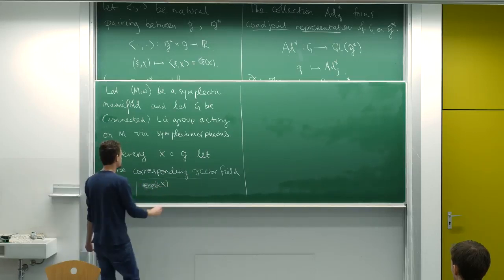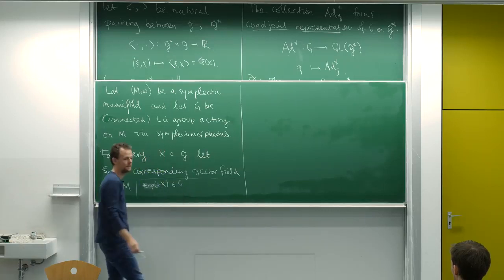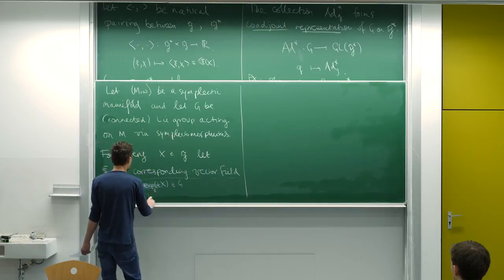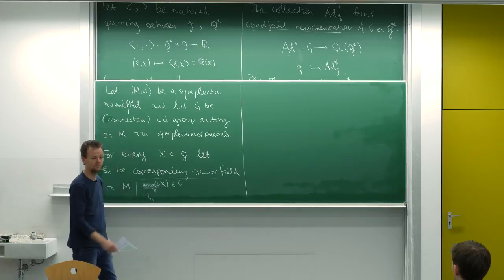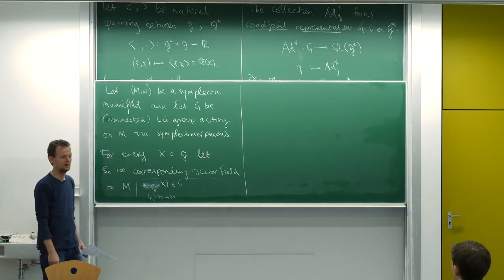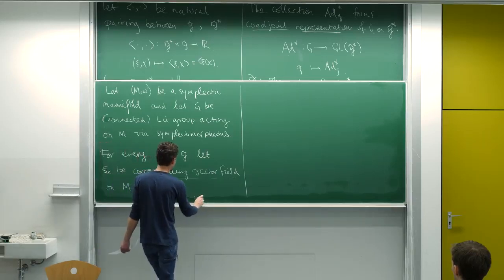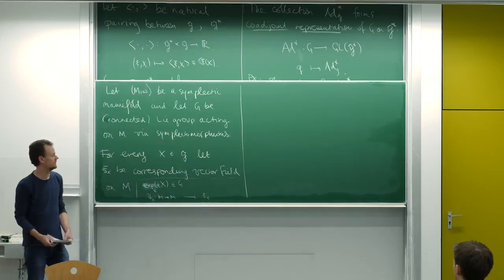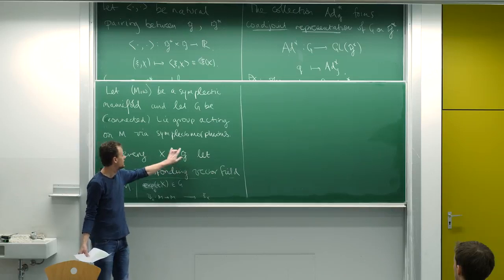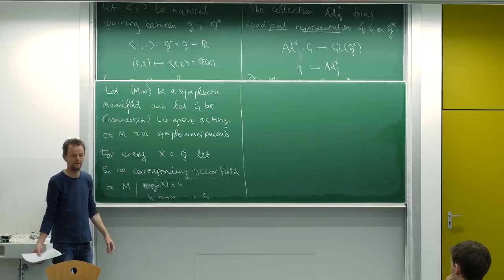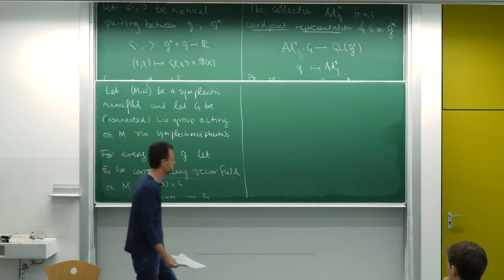So this is a one parameter subgroup of the Lie group G. And then the smooth G action on M gives us a one parameter family of maps on M. And then differentiating this one parameter family of maps gives us a vector field psi of X. So to every left invariant vector on the Lie group, we get a vector field psi X on M via this smooth action of G on the manifold M.